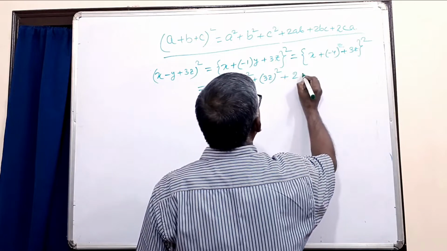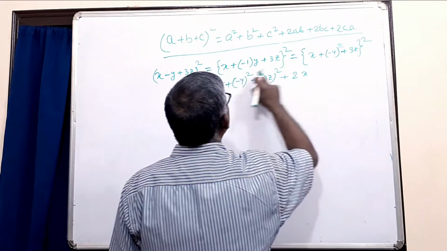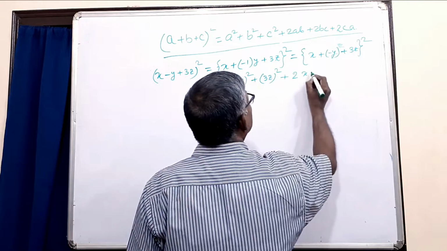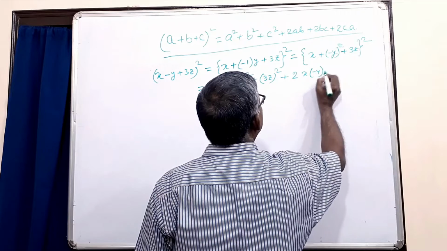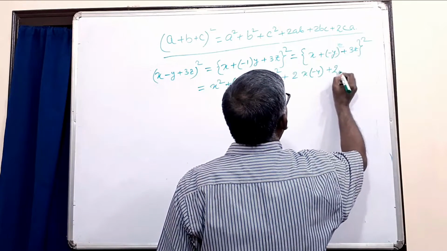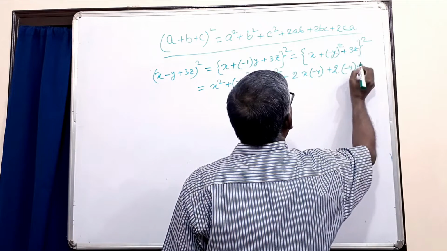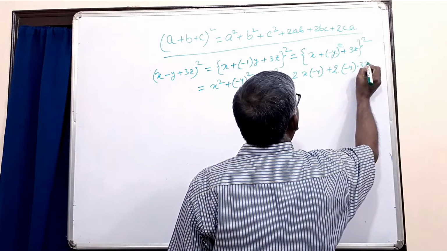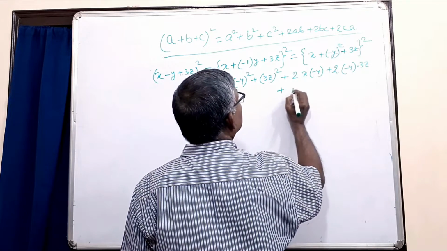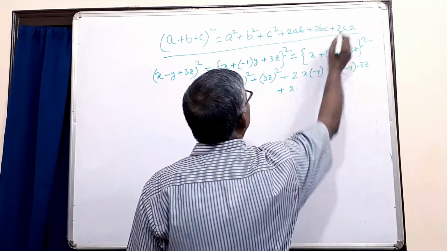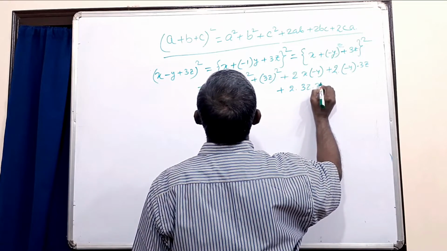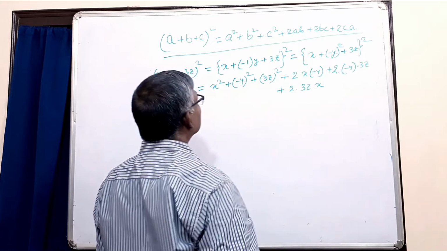A means x, b means minus y, this minus y, plus 2bc. 2b means minus y into c means 3z plus 2 into c means 3z into x.